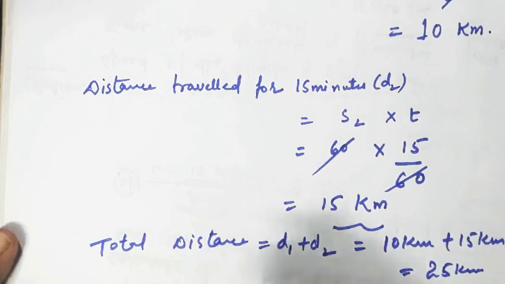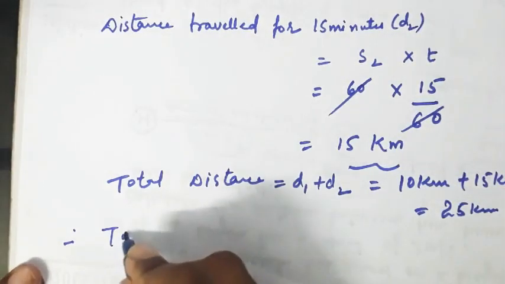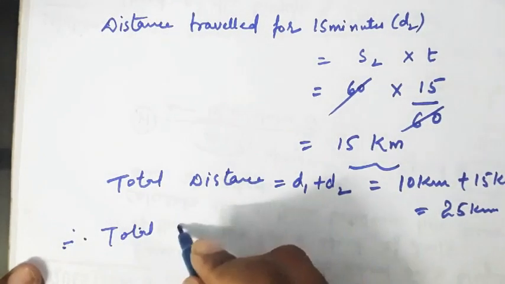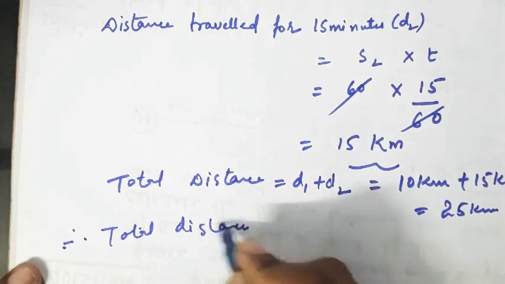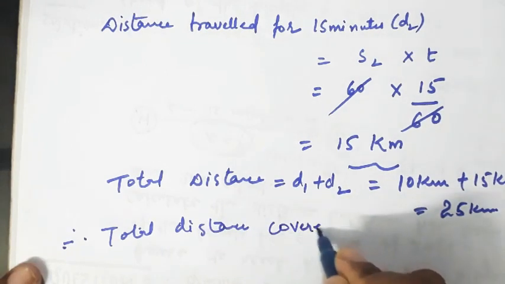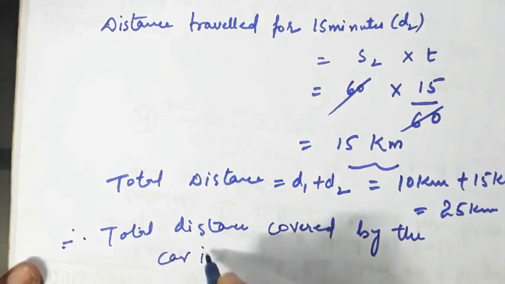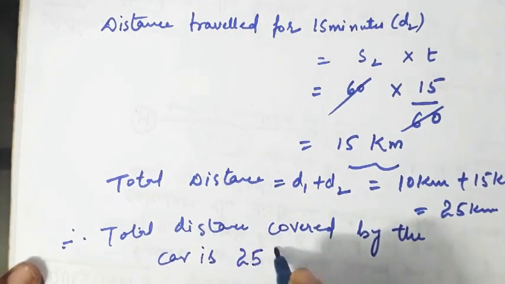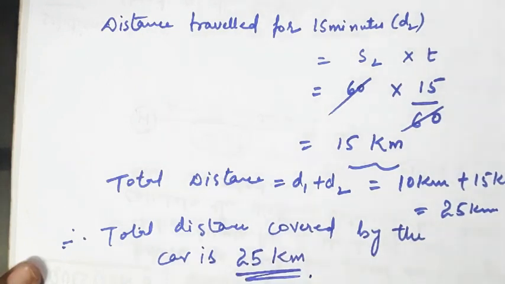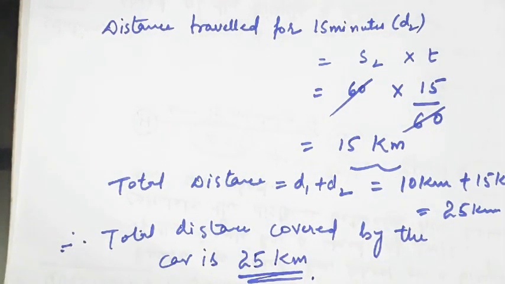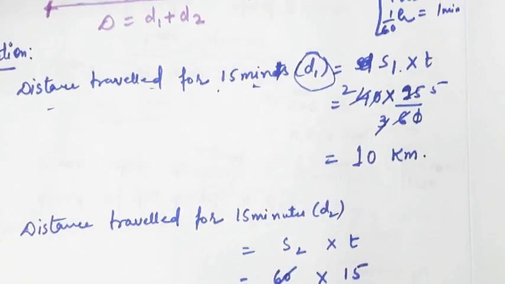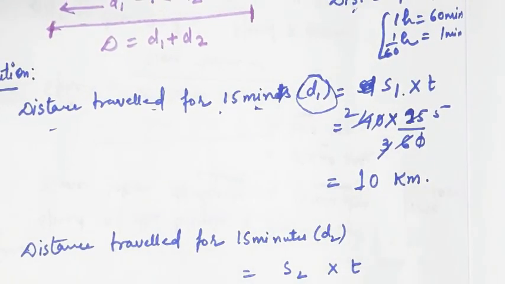So you can conclude here, therefore, the total distance covered by the car is 25 kilometer. Okay, I hope you all understood all these 4 questions that I have explained. If not, please go through the video again.